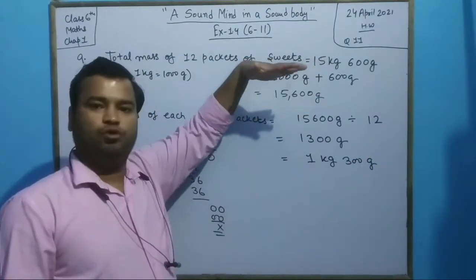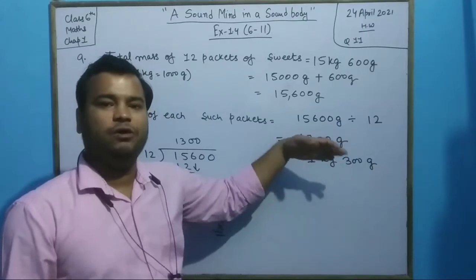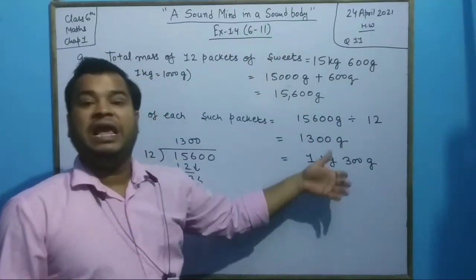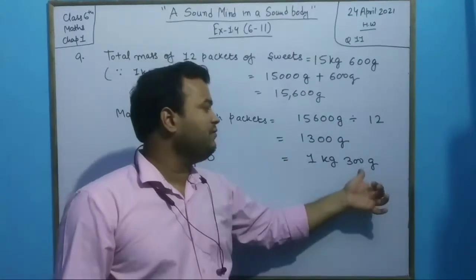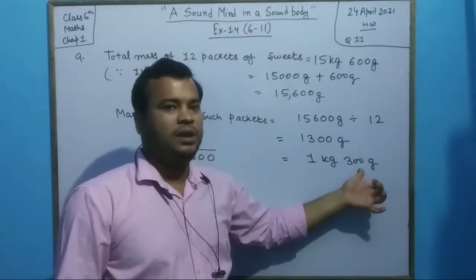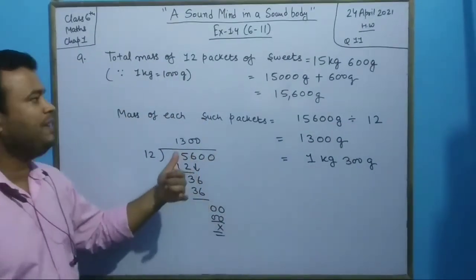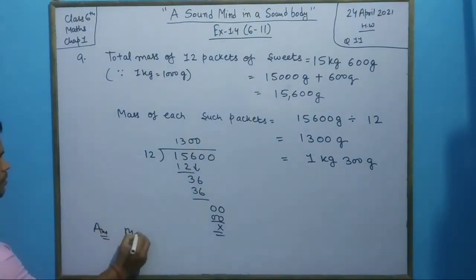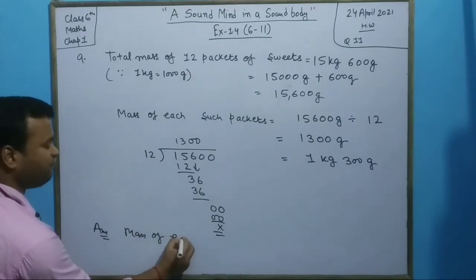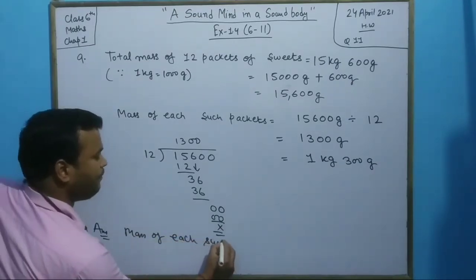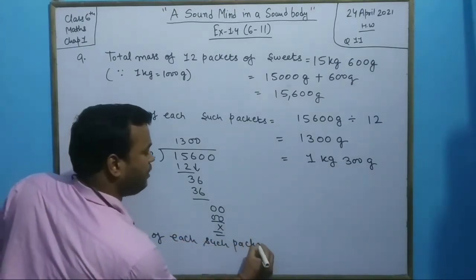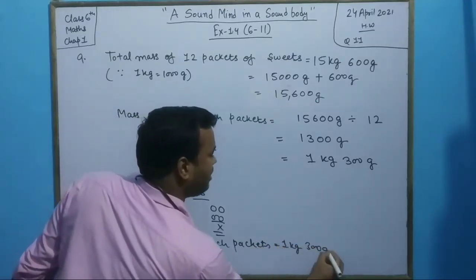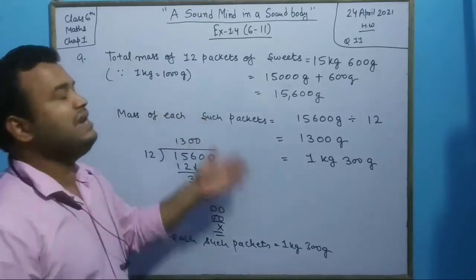Whatever is in the quotient when we divide by 1000 will be in kg, and whatever is in the remainder will be in gram. I have done this in the previous question. Do it by yourself. So finally we will write that the mass of each such packet will be equal to 1 kg and 300 grams. So let us see the next question.